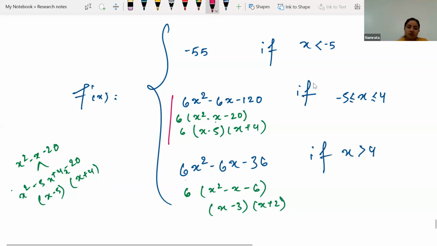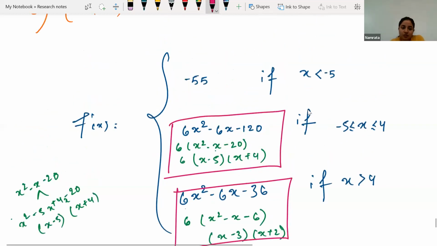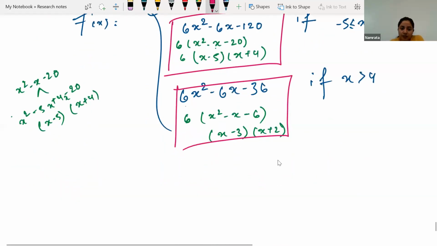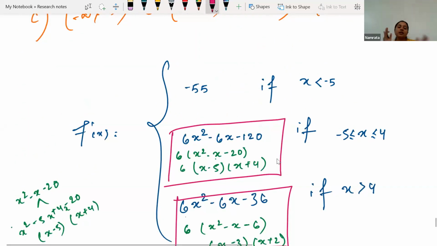Okay, let me write it in a box so that we will not get confused about what we have done. These are the functions, the derivative and the form we are having. Now we have 3 parts, so we will segregate it into 3 parts. For the first condition, we need to check where f dash x is greater than 0.